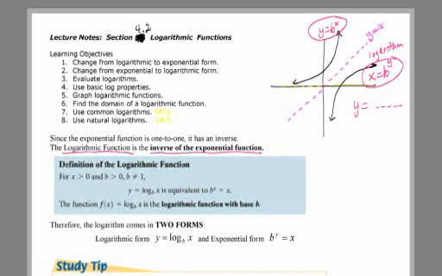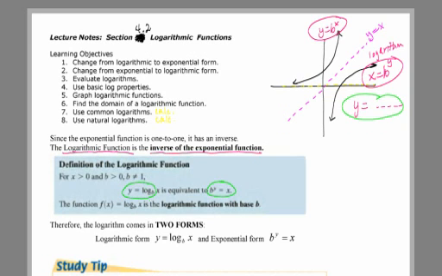So for a logarithm function, x has to be greater than 0, b has to be greater than 0, and b can't be 1. The logarithm function is going to take two distinct formats. You can look at a logarithm in this format, where we can quickly see where it came from just from switching x's and y's, or the more appropriate format when it's in a y equals format looks like this.